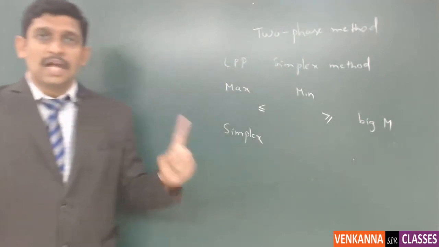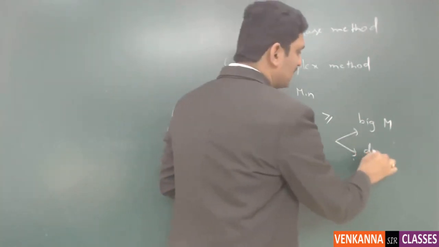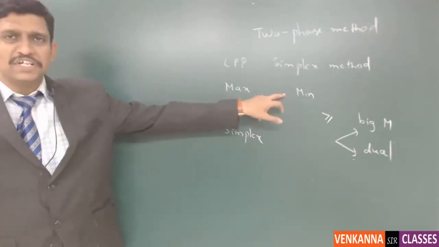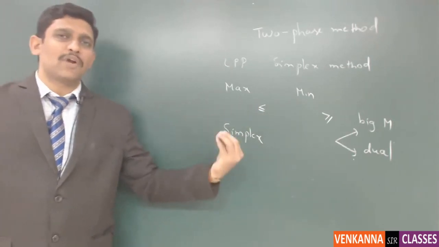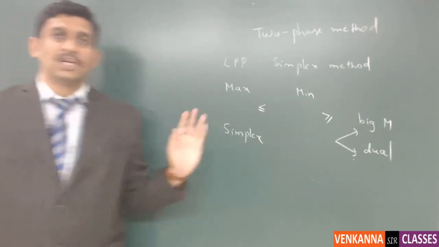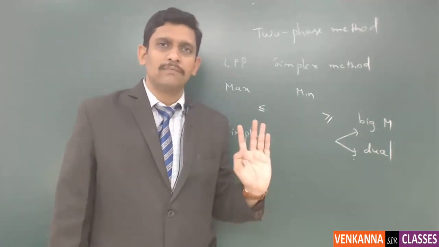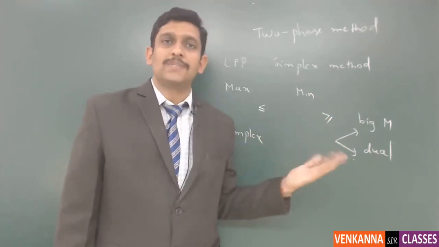If not, I have one more option that I can find its dual. Because for a minimization problem, the dual is maximization. So I have fewer variables, I can solve it. If the question asks that by writing the dual you solve, it is okay. Otherwise, I can choose my own method as per the problem concerned.